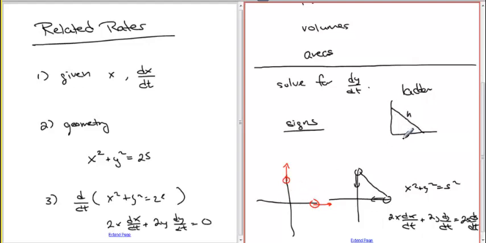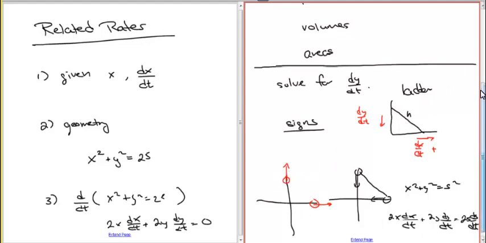For the ladder, if the ladder's going like this, dx/dt is positive, and as a consequence, dy/dt has to be negative, because if this thing slides out, it's going to go down. If you go the other way, say I'm pulling the ladder up, then dy/dt is positive and dx/dt is negative. So they're always opposite each other on a ladder. For airplanes, it all depends on which direction they're going.